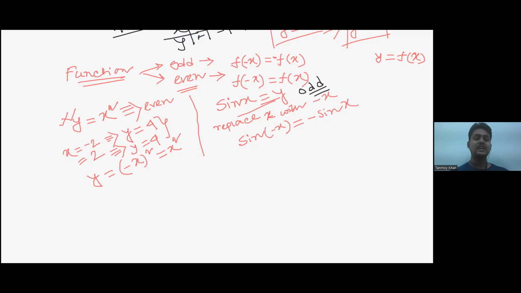This function, and any function, let's say this is f(x).